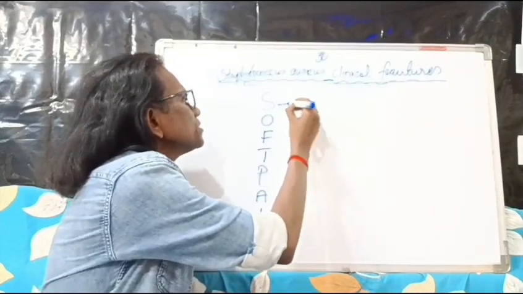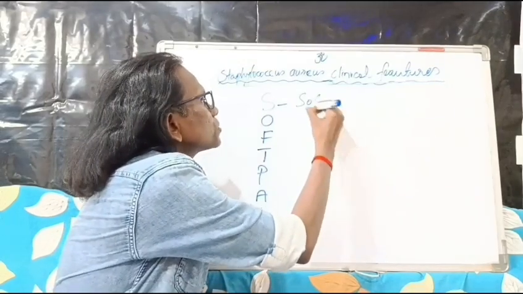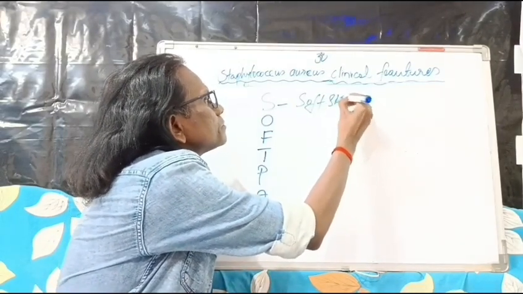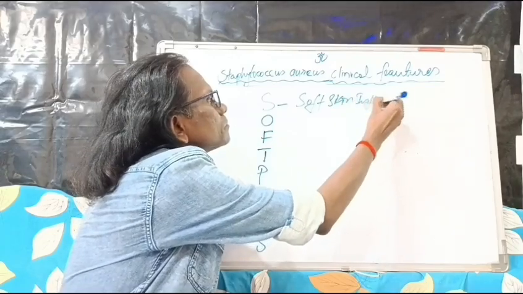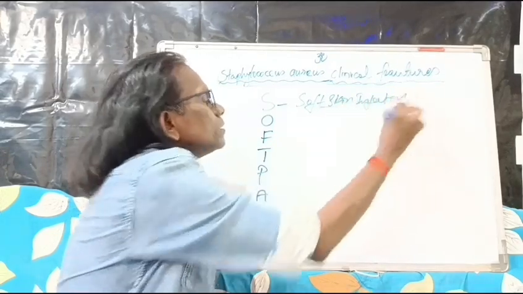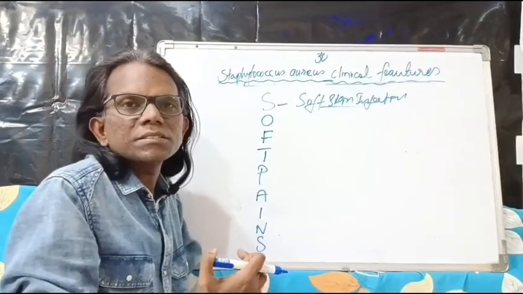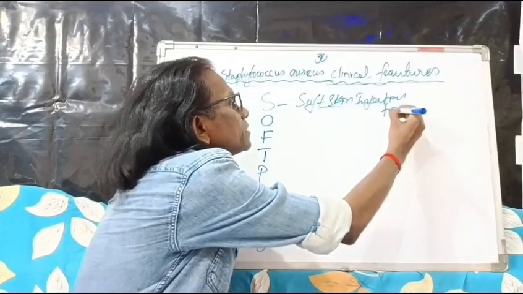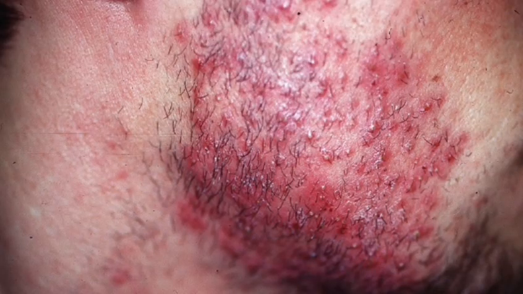Here S stands for soft skin disease or soft skin infections. Examples: folliculitis and impetigo.